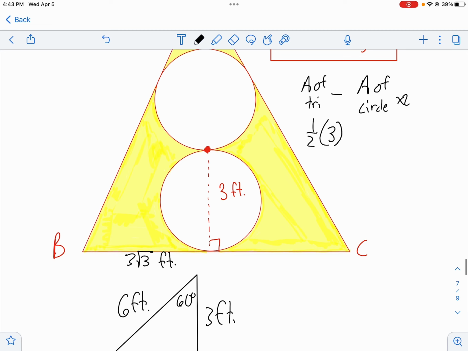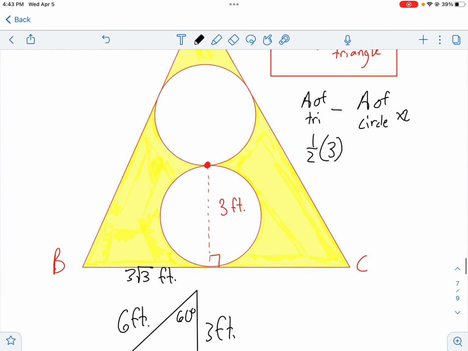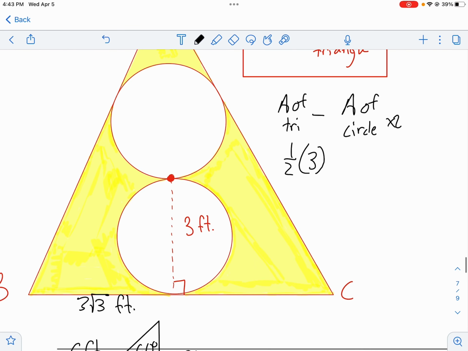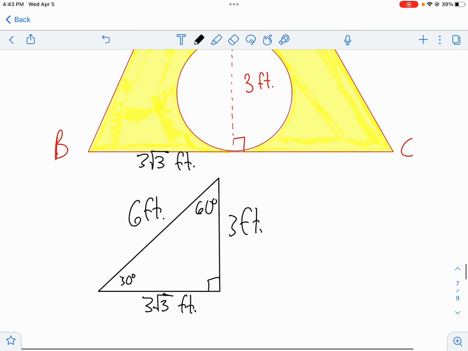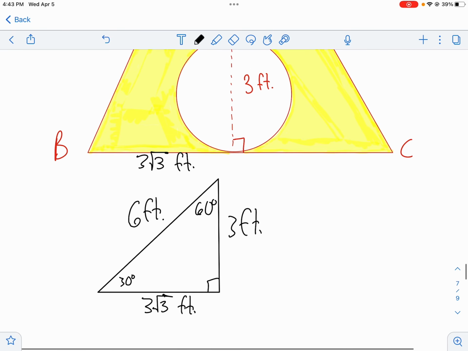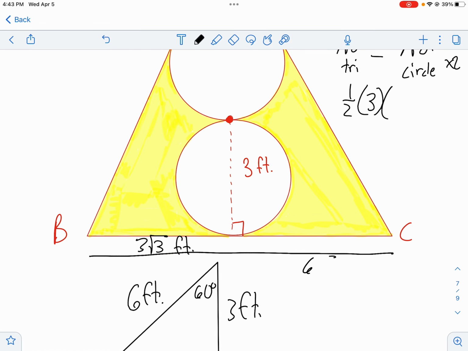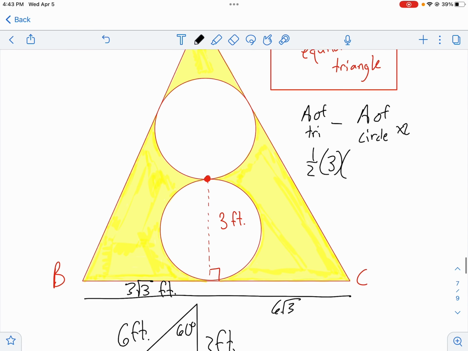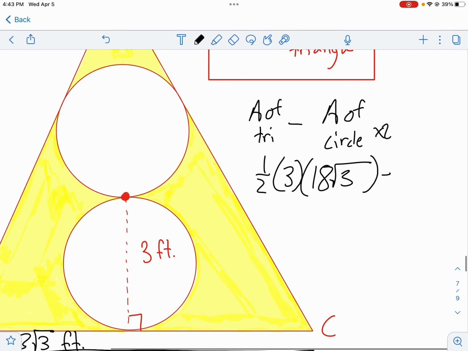They gave that to us. 1/2 times 3 times the perimeter. The 3 root 3 is half of a side, so the whole side right there is actually 6 root 3, which means my perimeter is 18 root 3, 6 root 3 times 3. Okay, I'm going to subtract from that the area of my circles.